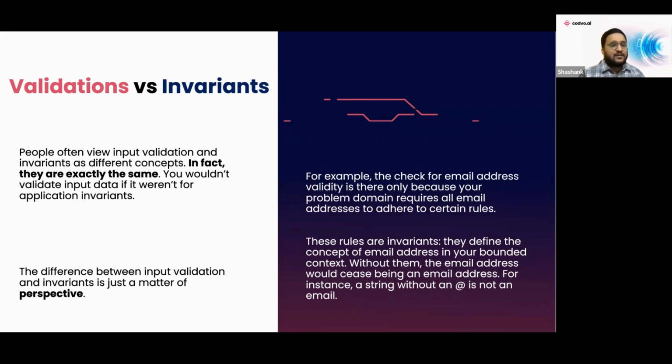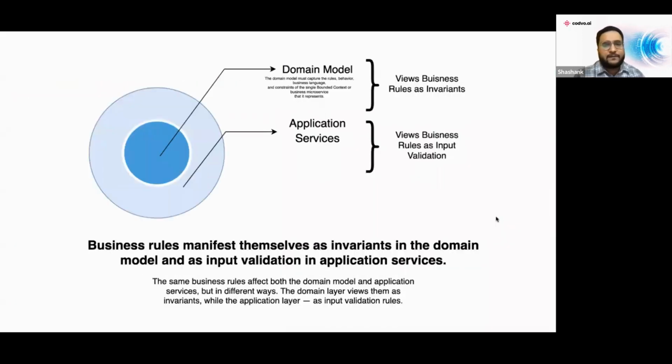The difference between input validation and invariants is just a matter of perspective, and both of them are part of the same system and very closely coupled, which we'll be seeing next. If you know a bit about domain-driven design, there's something called a domain model, and on top of the domain model, we have application services.